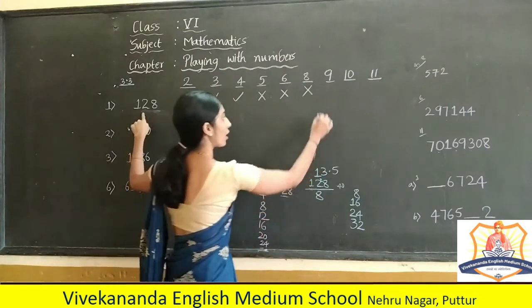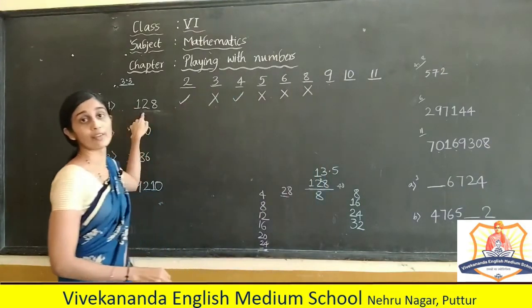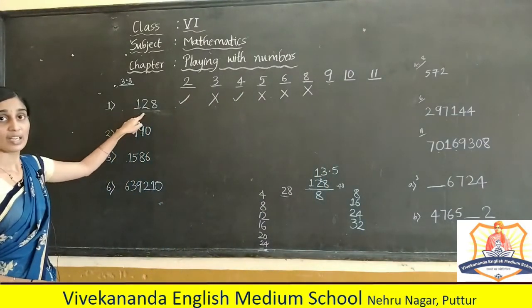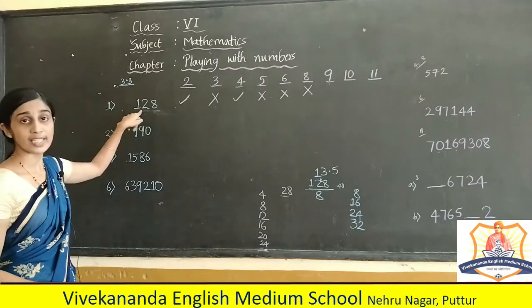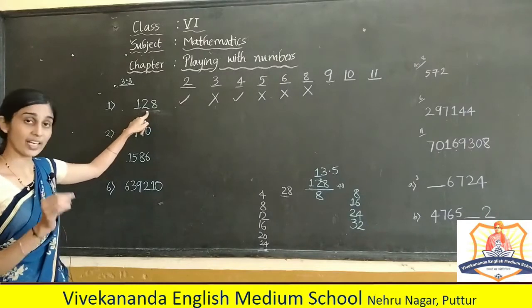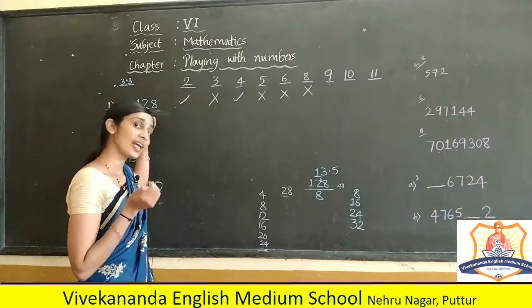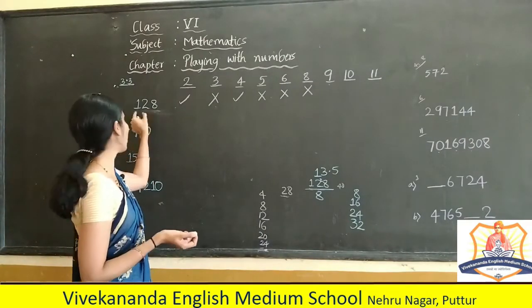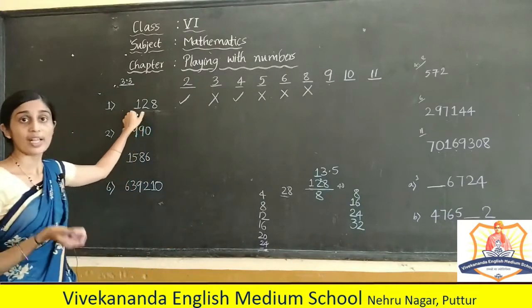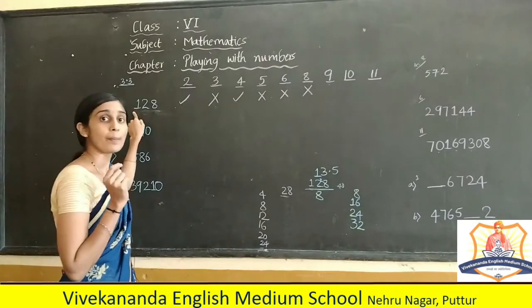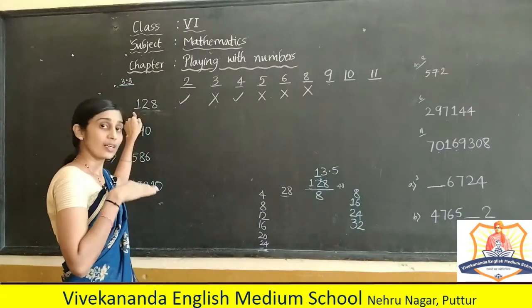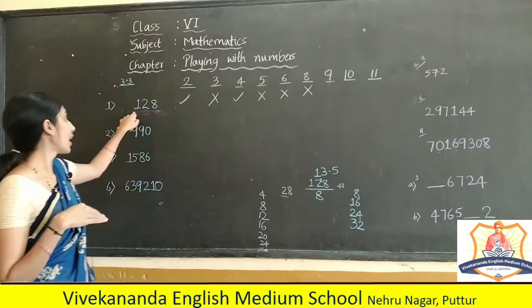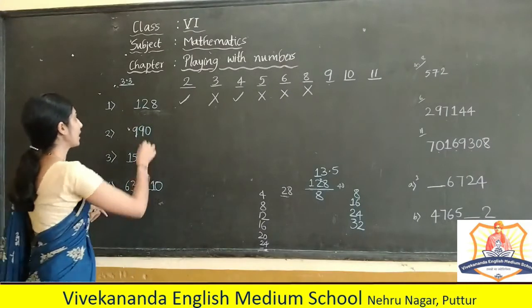Next, divisible by 9. What is the criteria? Recall it. If we add all the digits in a given number, the sum of the digits must be a multiple of 9, or it must be divisible by 9 completely. That is the criteria, right?